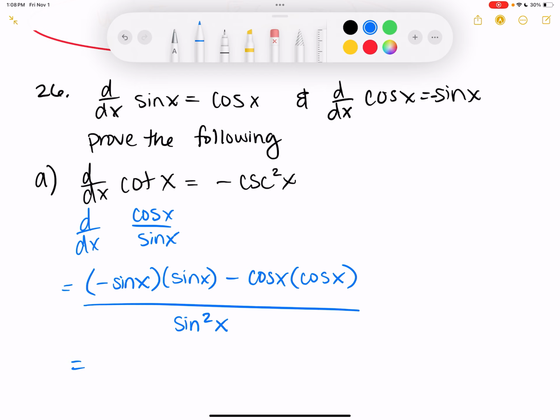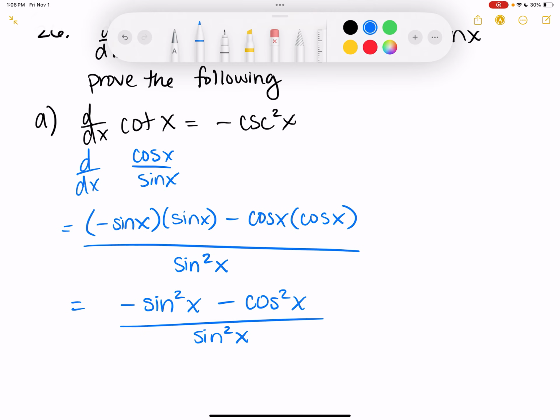So if we have sine x in parentheses and we square it, we can just throw that 2 next to the n in sine. Okay. So now we have negative sine squared x minus cosine squared x over sine squared x.